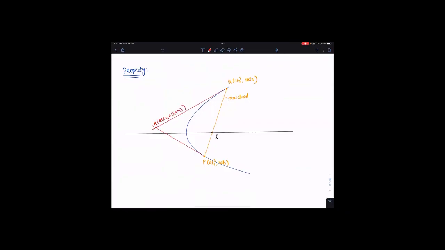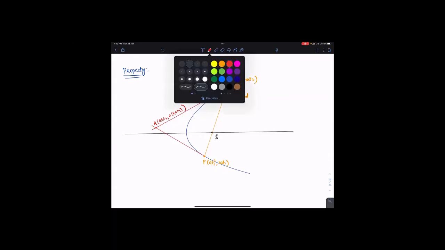Very easy to remember. The x coordinate is nothing but like a geometric mean, a t1 t2. That means multiply these two x coordinates, and if you take the square root, what do we get? You will get that only. You can remember it easily that way. And the y coordinate of the point of intersection of tangents will be simply the average of these two. That much you can remember. This is in general for anything.